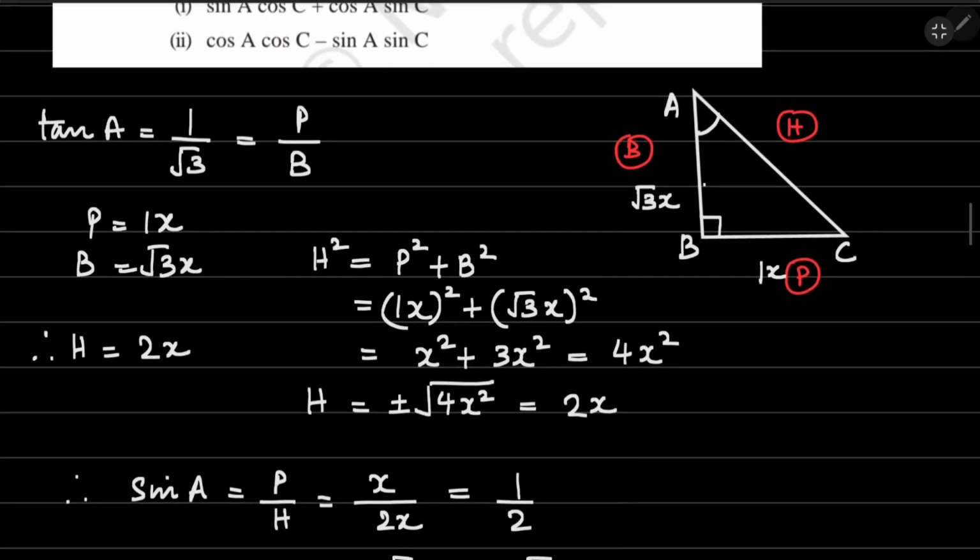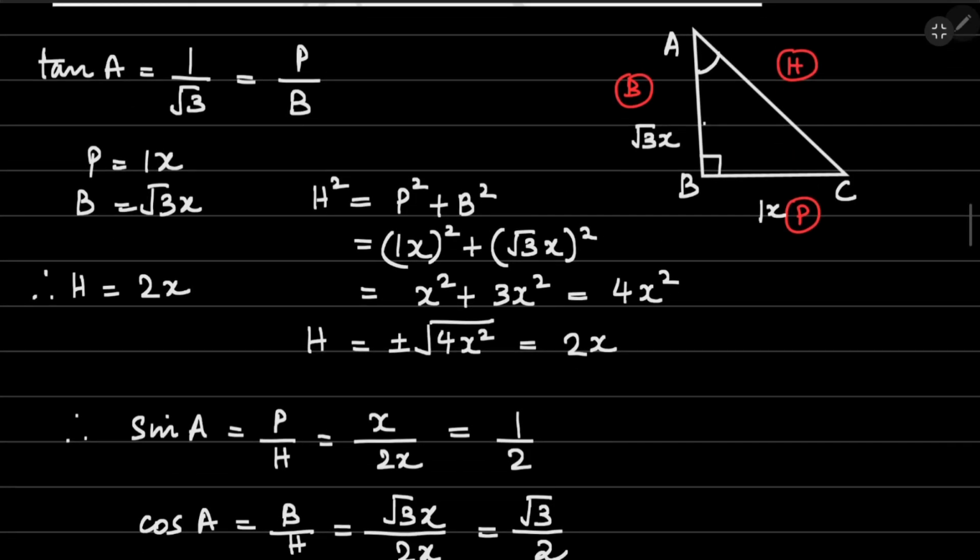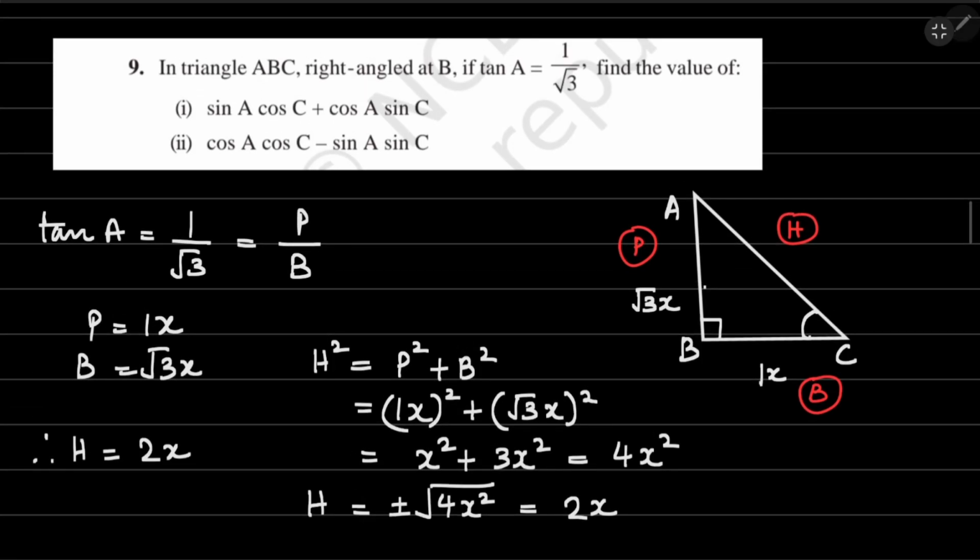Okay. Now what we are going to do is we are going to shift our angle from angle A to angle C. Okay. So what will happen is these two will get interchanged. P and B will get interchanged. Now this will become your perpendicular and this will become the base. BC will become your base. So with respect to angle C, now you can calculate what is sin C and cos C. Okay.